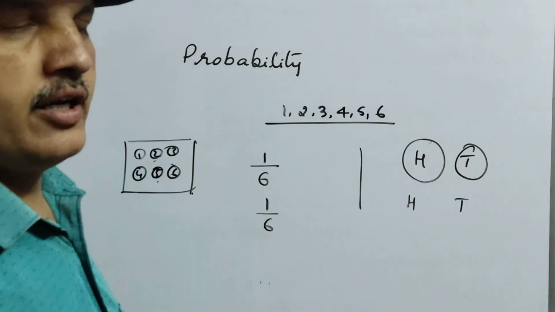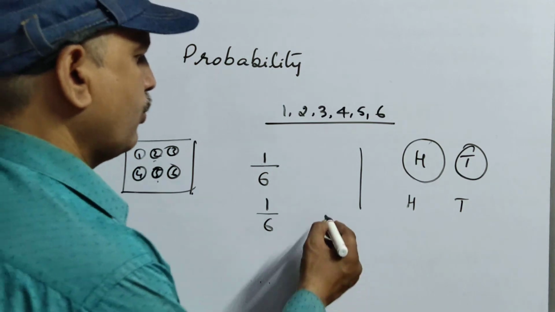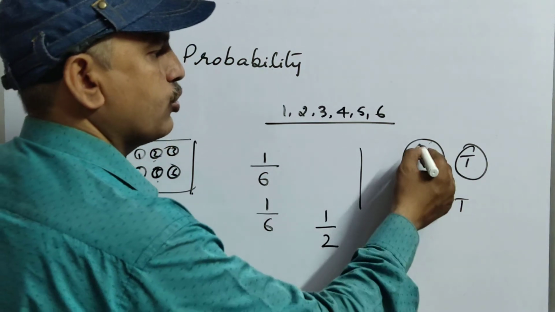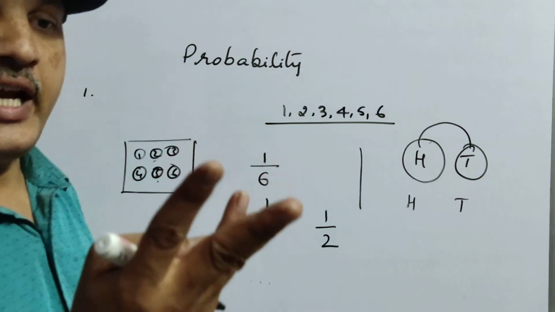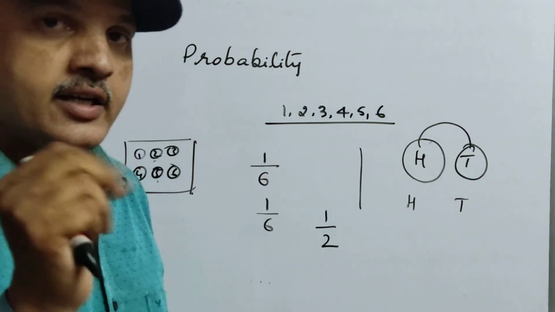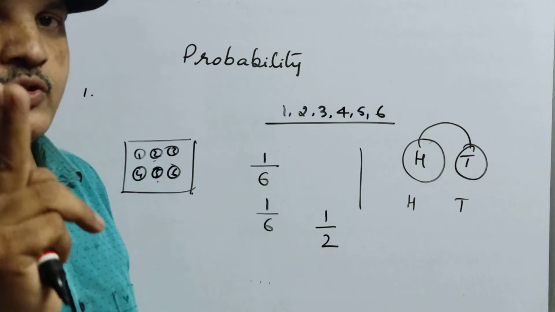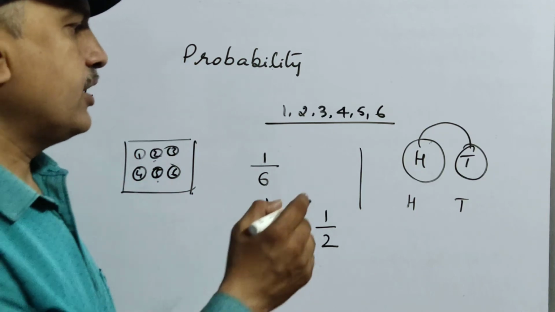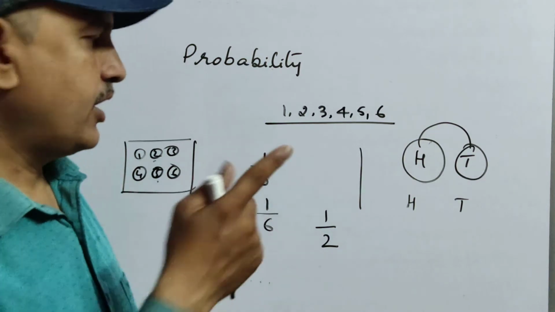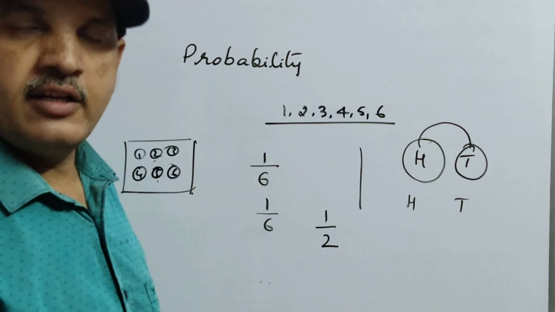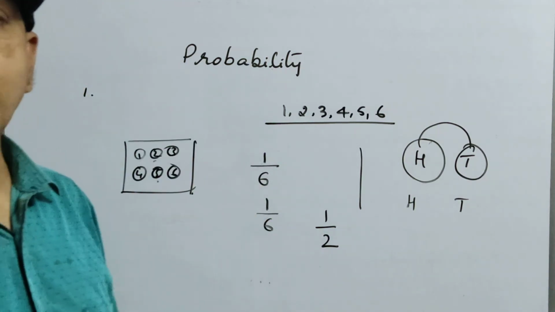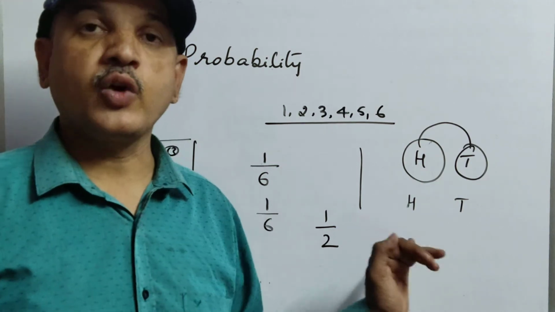That means 1 by 2, because head and tail are 2 chances, total events 2. One time you may get head, that's why 1 by 2. You may get tail, 1 by 2. So the probability is nothing but half, that is 1 by 2.